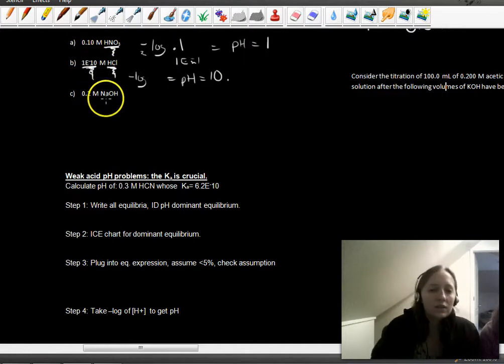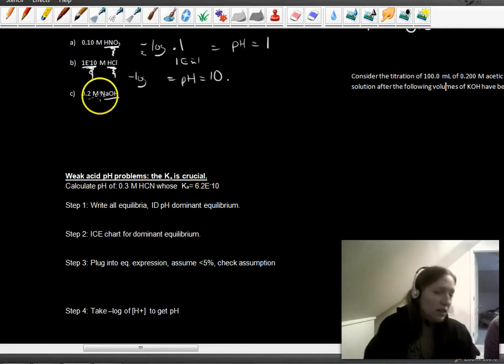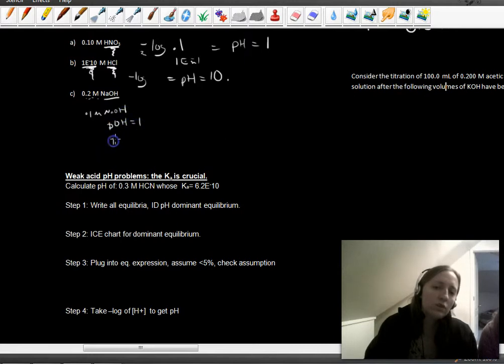And here we've got some sodium hydroxide at 0.2 molar, and that's going to be a little bit more than 0.1 molar sodium hydroxide. If this was a multiple choice question, we could mentally go, well, 0.1 molar sodium hydroxide is a pOH of 1, so a pH of 13.